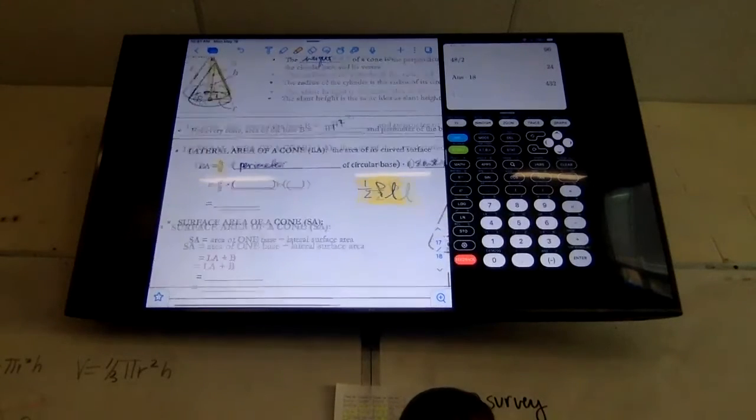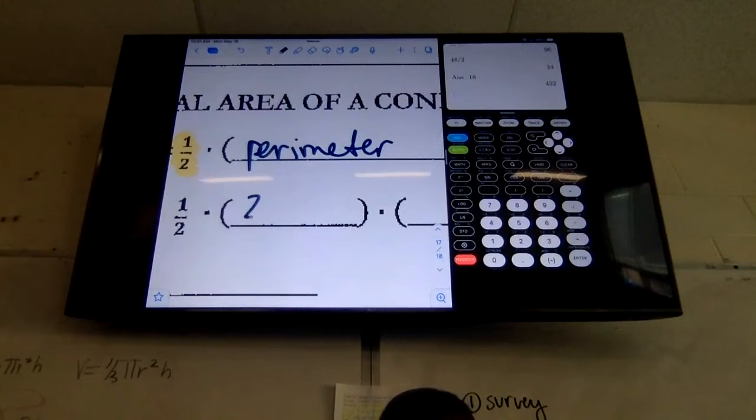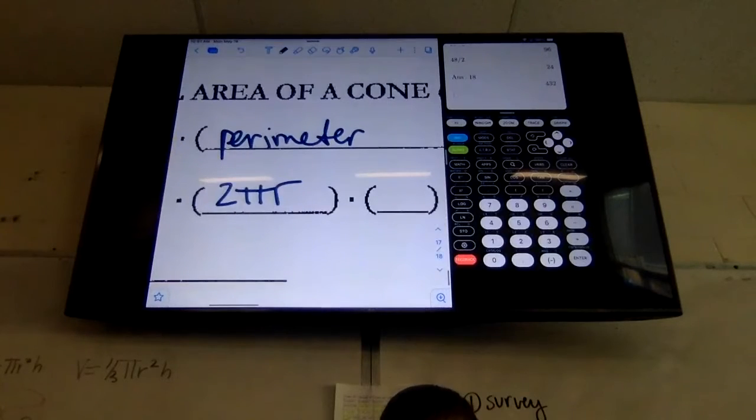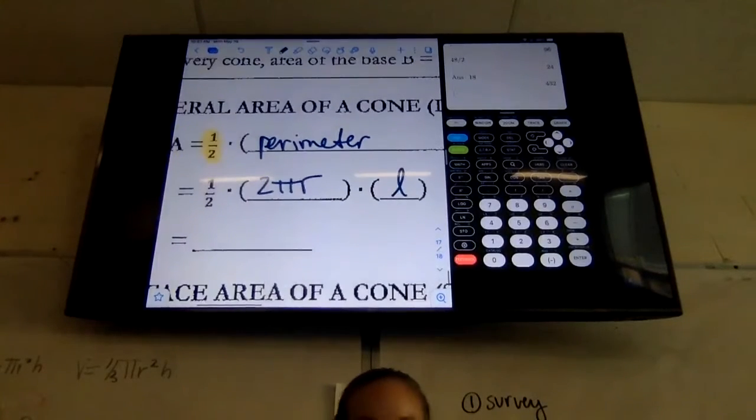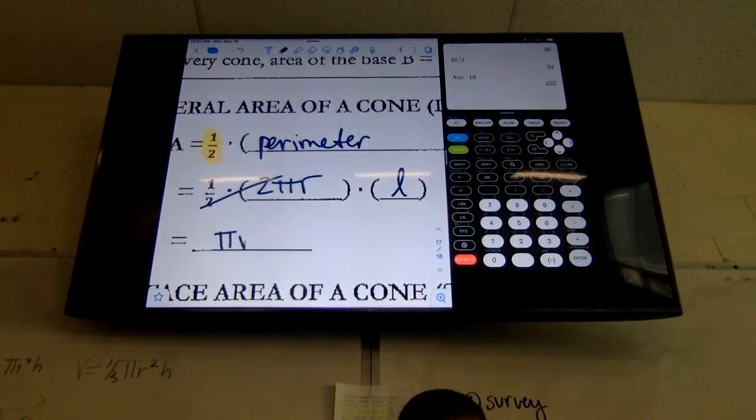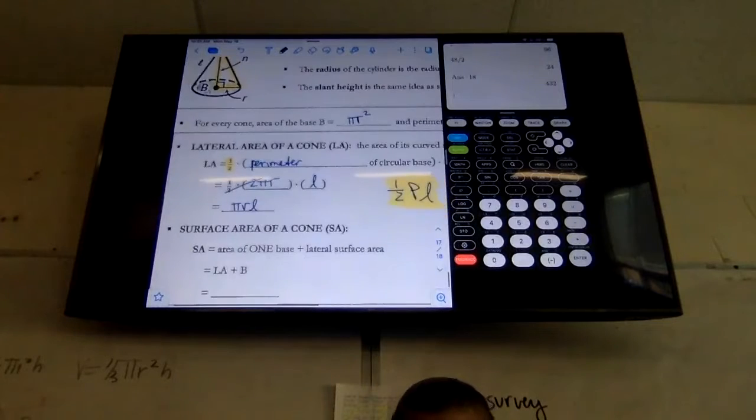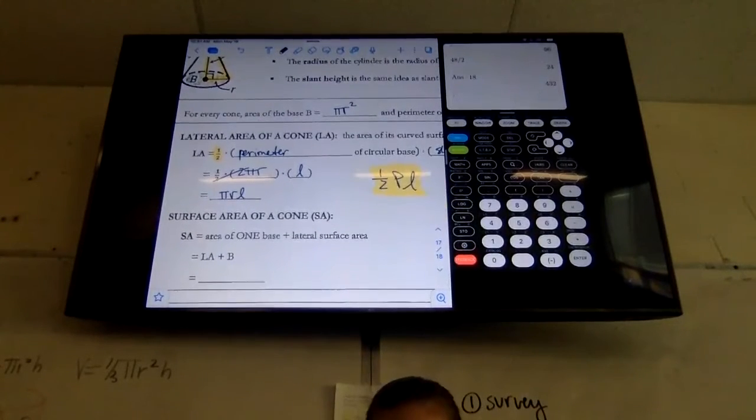Remember, perimeter is 2 pi r, and my slant height is L. Well, if I'm doing 1/2 of 2 pi r, then the 2's cancel. So this is just pi times r times L. Again, you can use that if it makes you happy. It makes me happier to do it like this, so I'm going to do all my examples like the formula that I gave you for pyramids, just keeping it consistent.